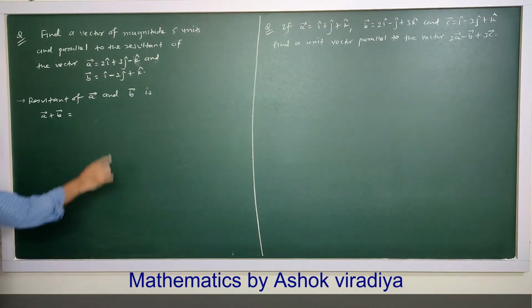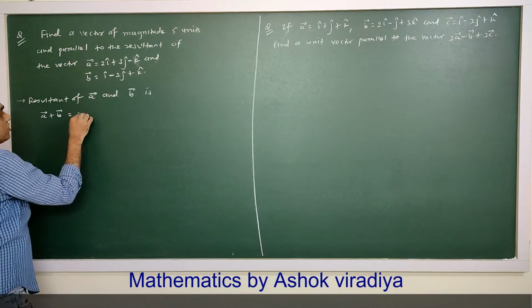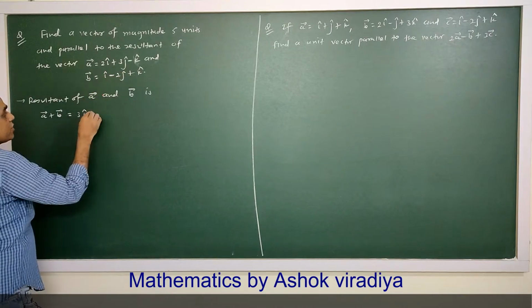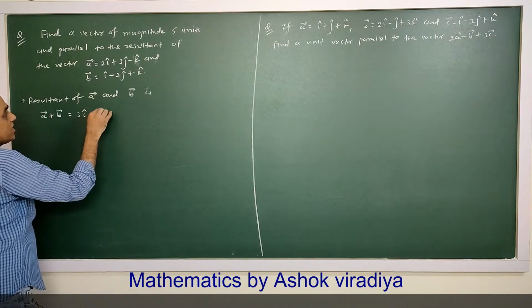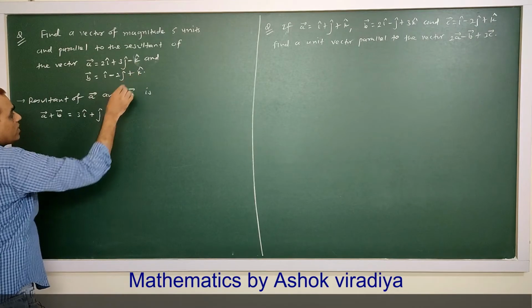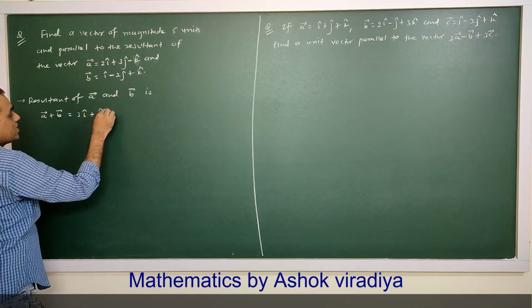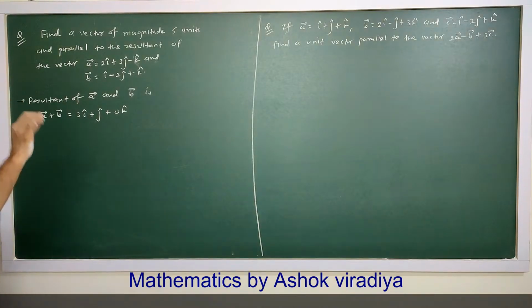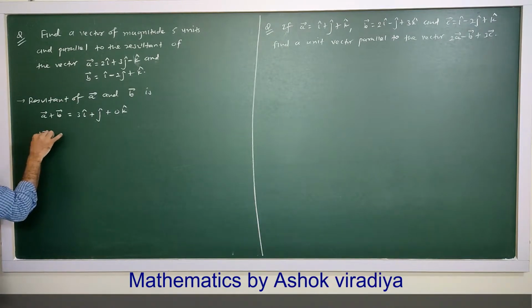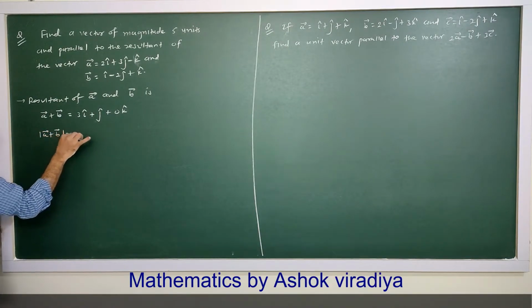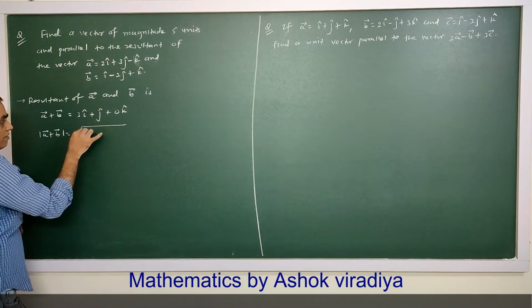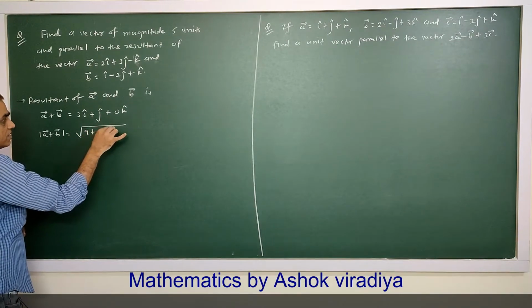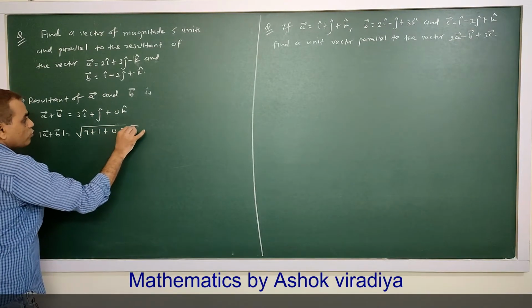So A plus B is, 2 plus 1 is 3i, 3 minus 2 is plus 1j, minus 1 plus 1 is 0k. So this is the resultant of vector A and vector B. Now we find its magnitude. So its magnitude is square root of 9 plus 1 plus 0, that is square root of 10.